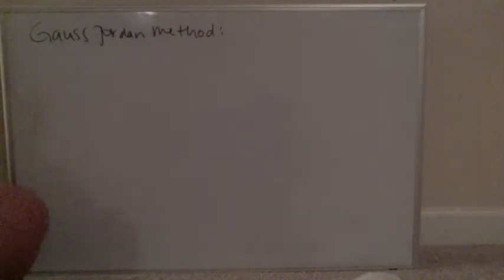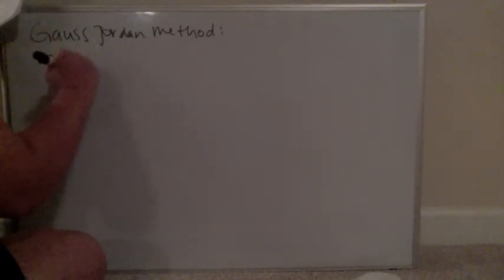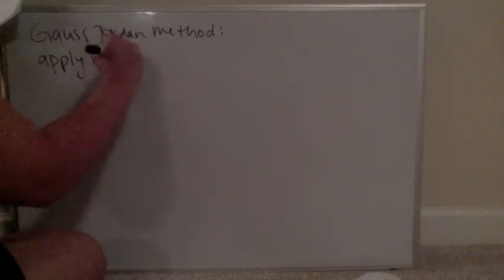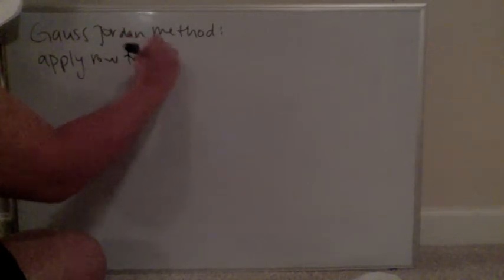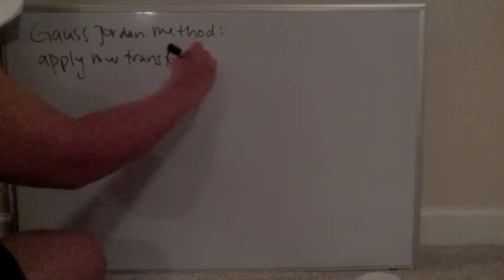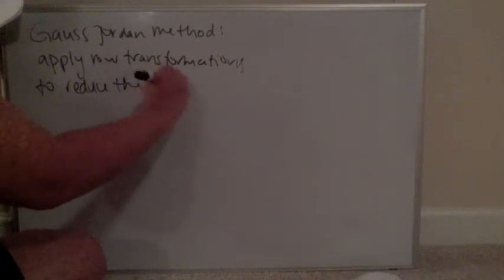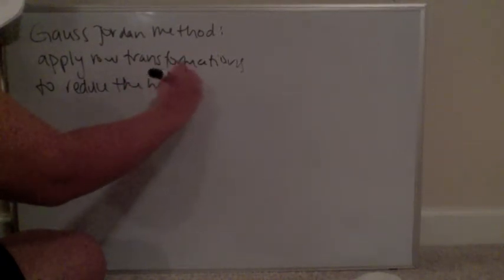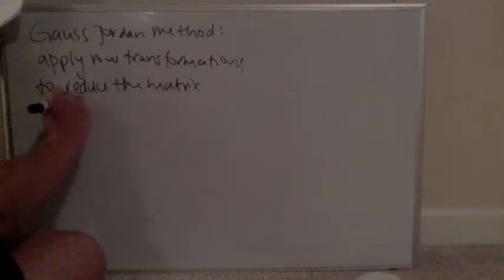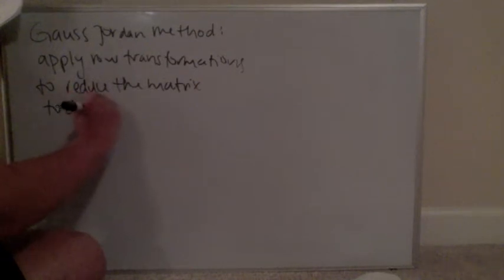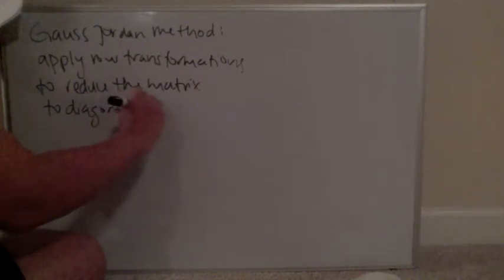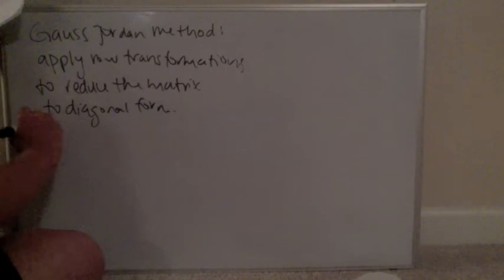So the idea is we will apply row transformations to reduce the matrix to diagonal form.